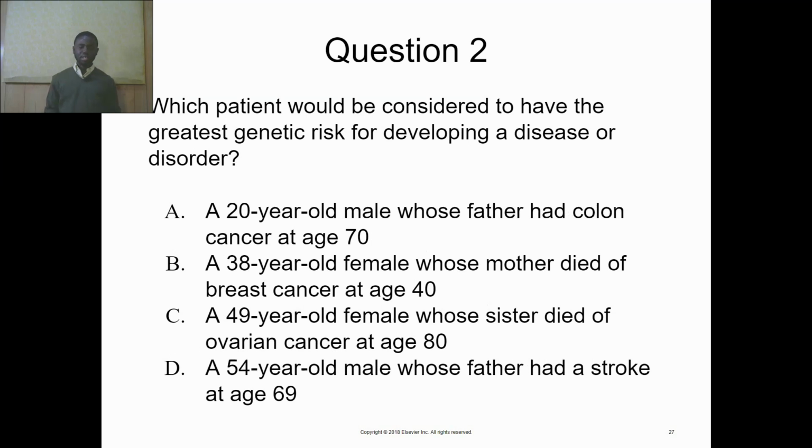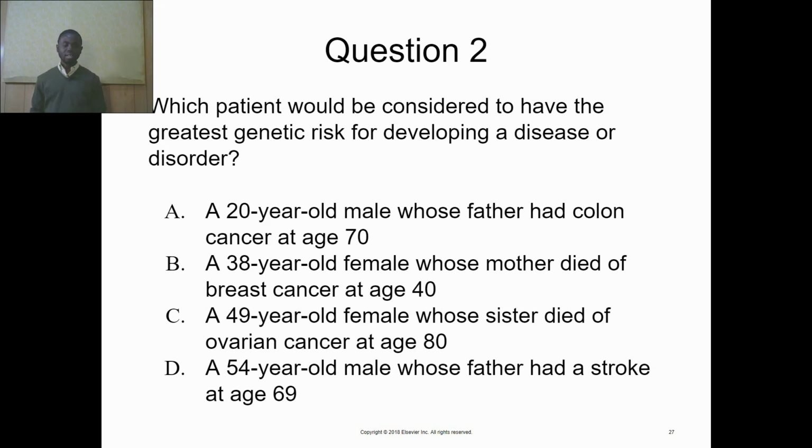The next question asks you, which patient would be considered to have the greatest genetic risk for developing a disease or disorder? And so you are looking at multiple factors. So if you chose B, then you are right, because breast cancer at an early age can indicate a genetic predisposition.